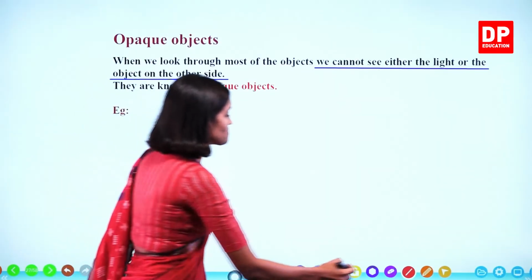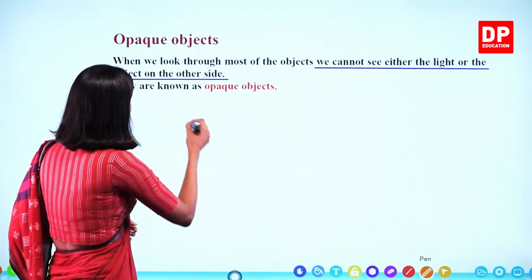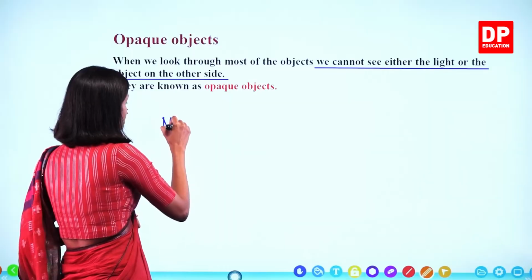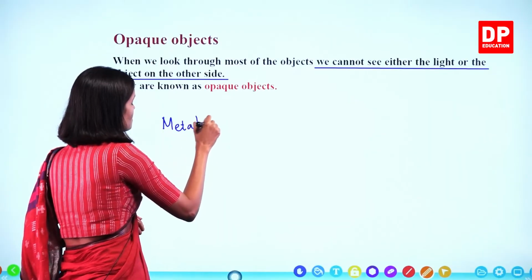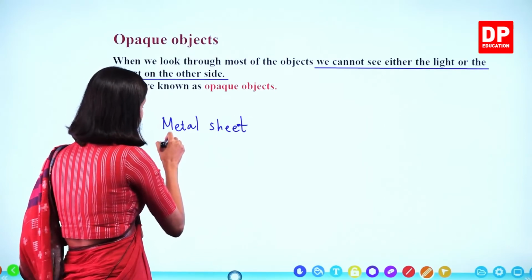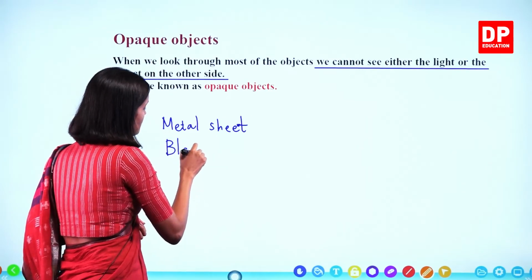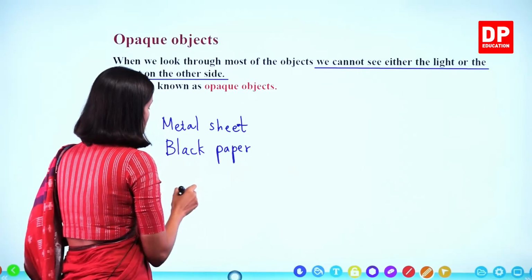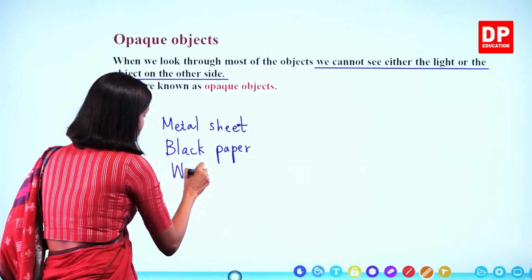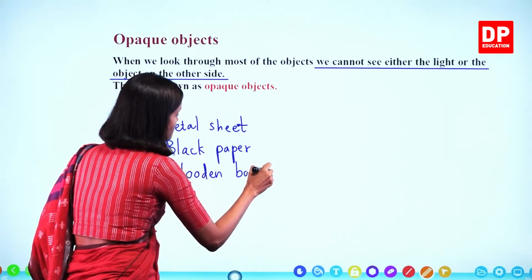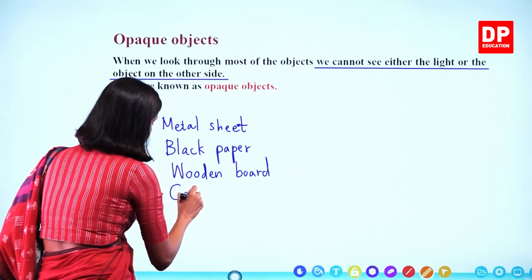So what are the examples? Let's write some examples from the experiments that we have done. Metal sheet. Black paper. Wooden board. Cardboard.